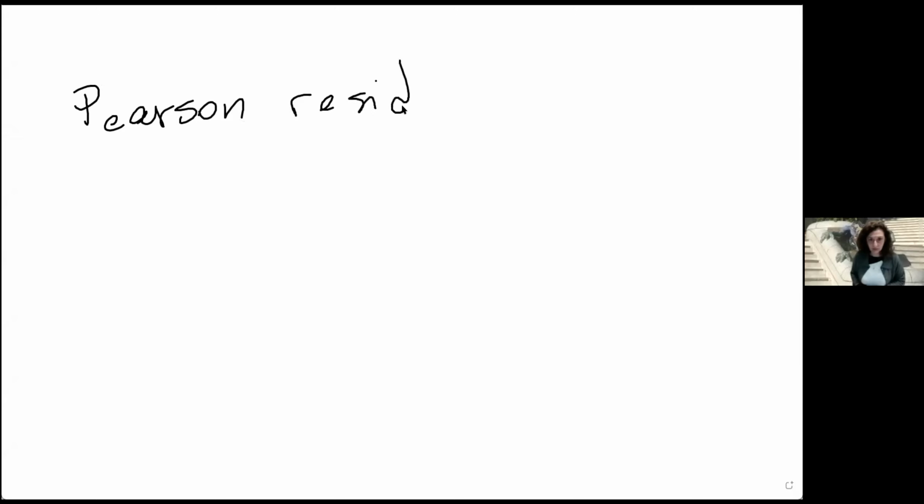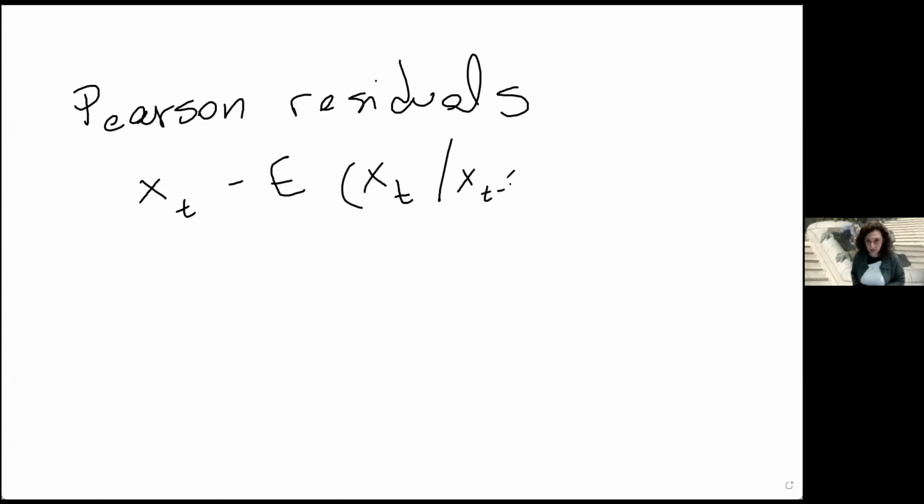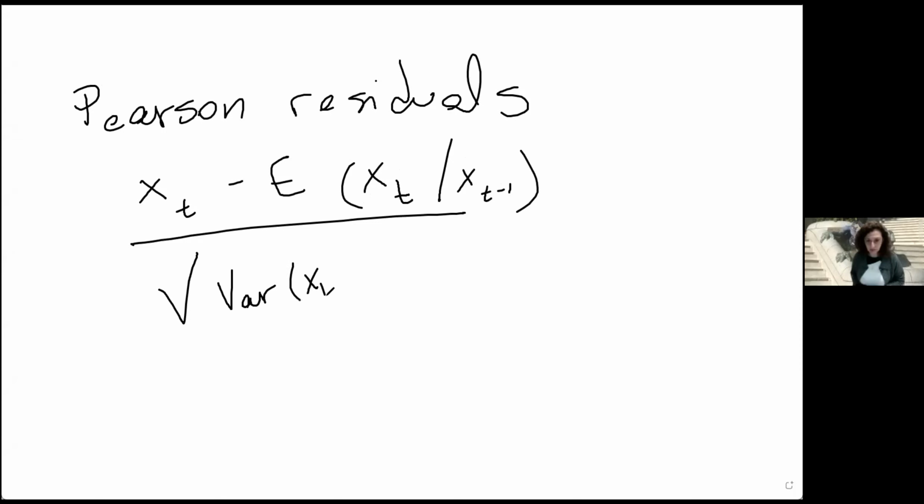So here we have the Pearson residuals. Pearson residuals are just X_t minus the conditional expectation, divided by the square root of the variance of this. These are the things that are drawn there.